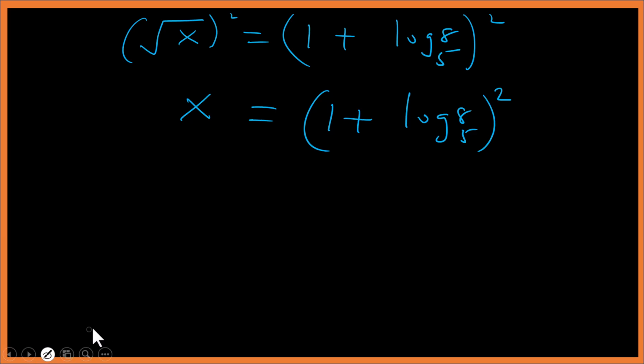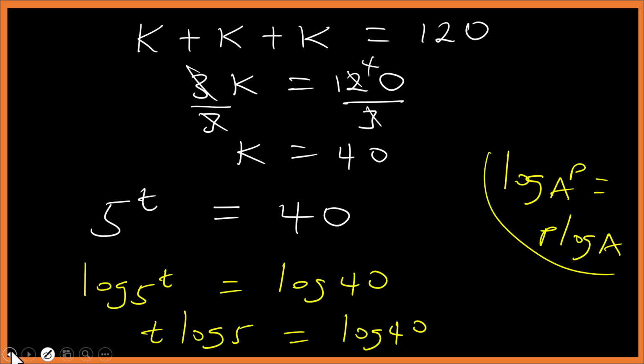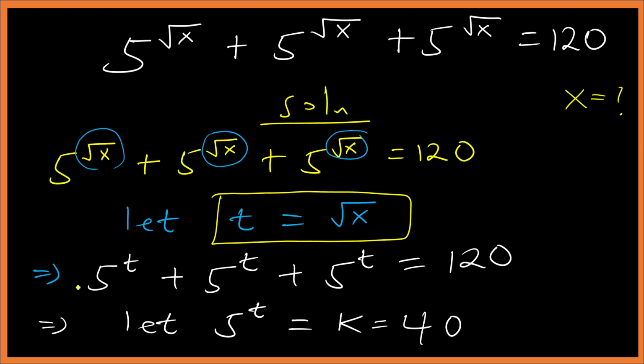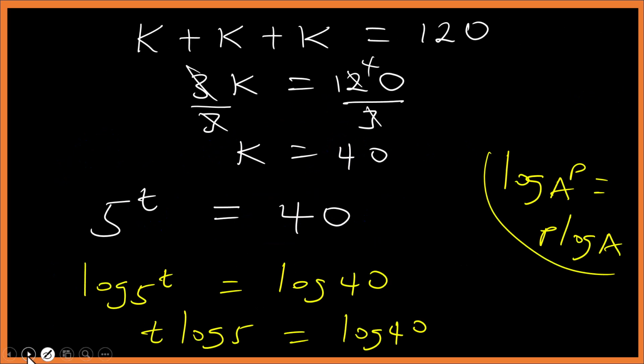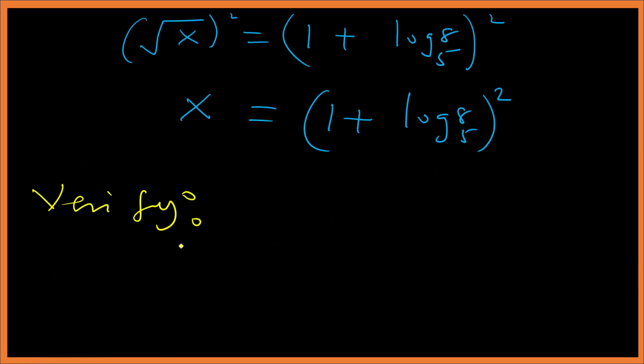So let's verify and see if our answer is correct. So remember, let's check the question. 5 exponent with root x, 5 exponent with root x, 5 exponent with root x equals 120.